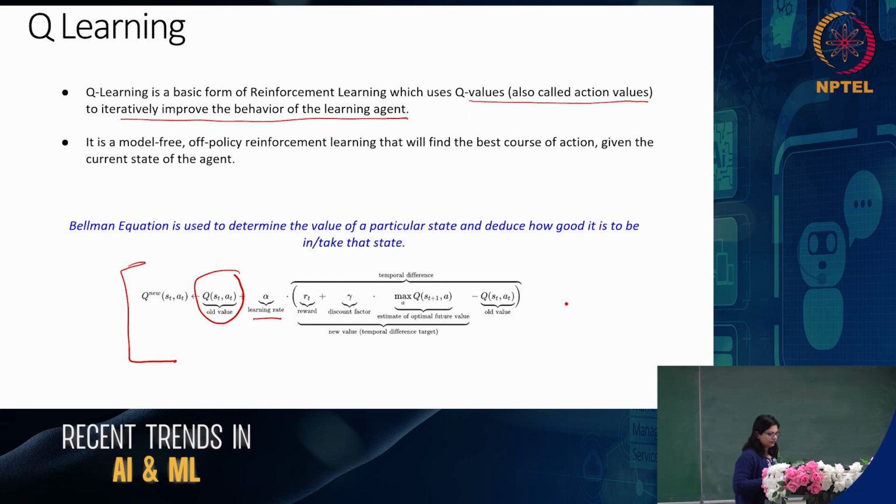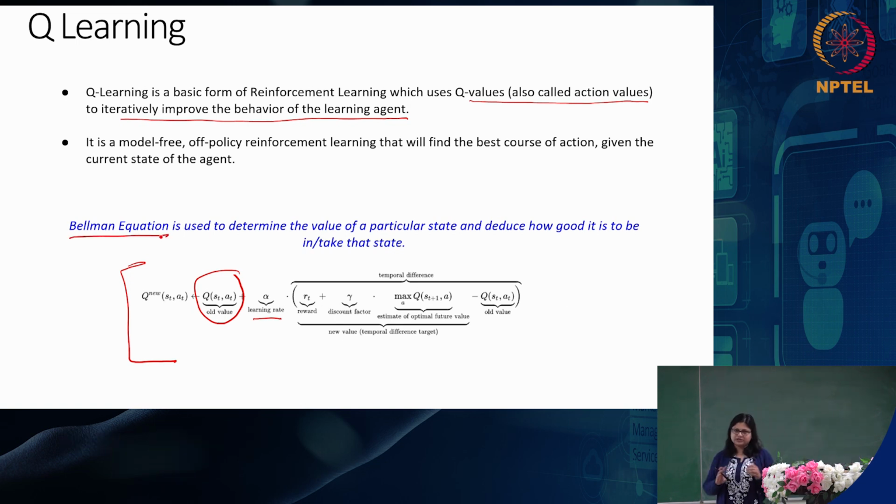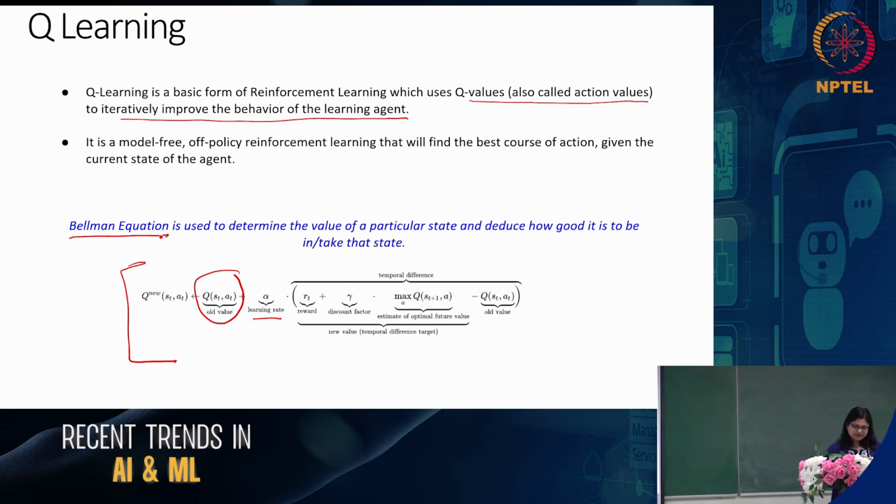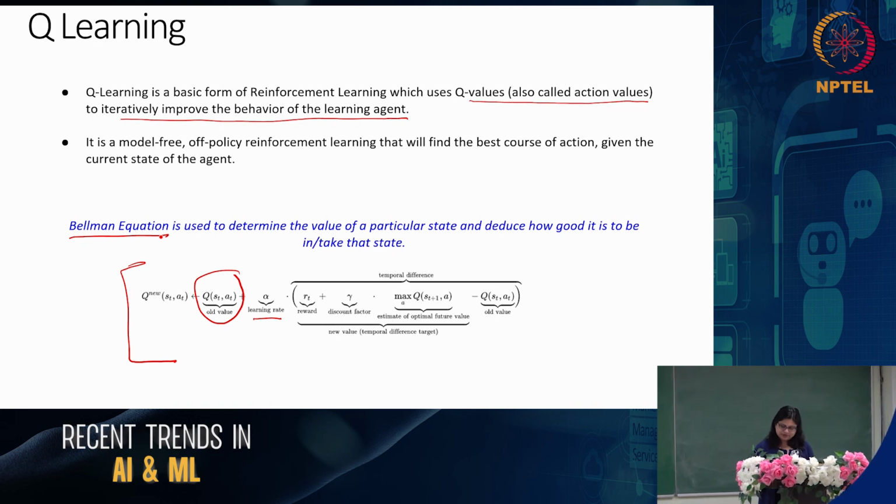This is very important, and it is also called the Bellman equation. This temporal difference formula is used in DQN, the deep Q network we will see, and it is used to update the matrix.